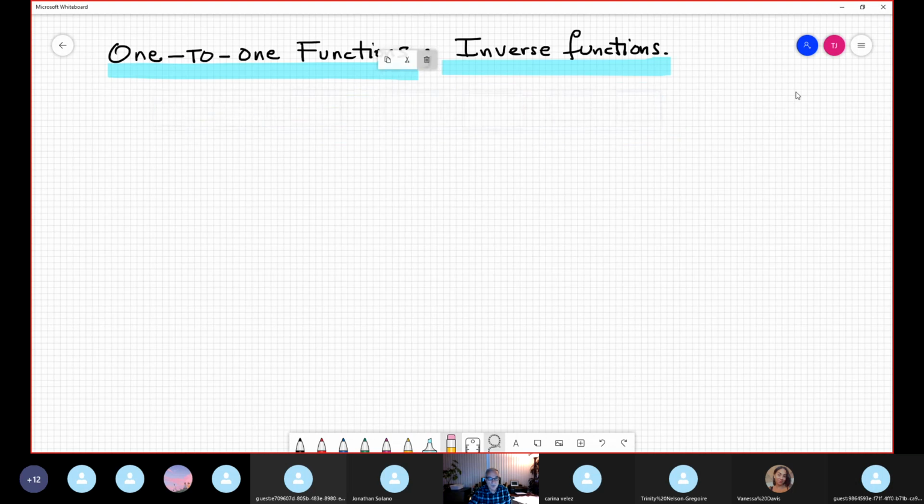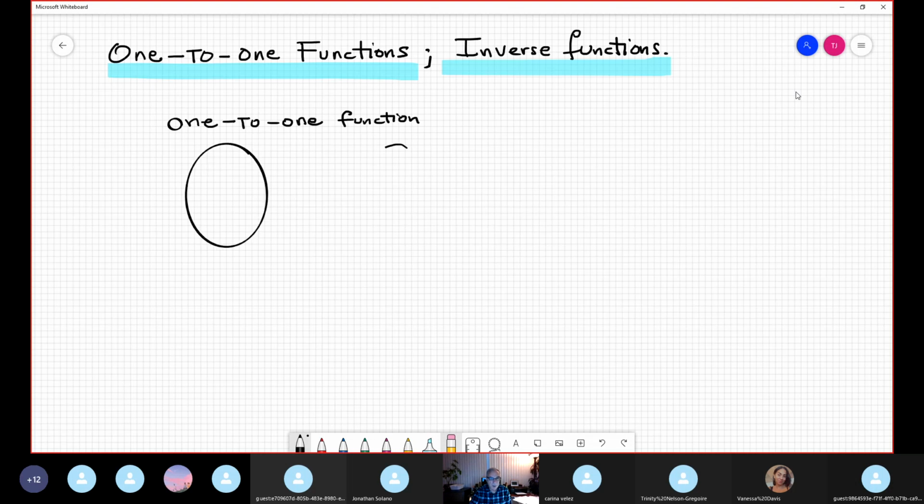recall something about the functions that we studied in chapter 2. You remember that we have, for example, the one-to-one function. What is that? Suppose again the same schematic way, domain and range.